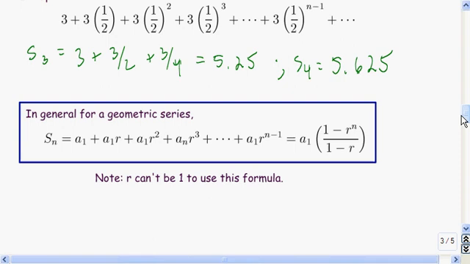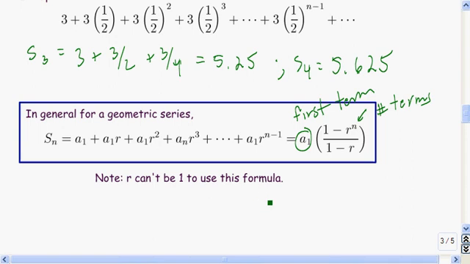So, if you're adding the first n terms of a geometric series, then this is your first term, then 1 minus the common ratio to the number of terms, divided by 1 minus the common ratio. Note that r can't be equal to 1 if you use that formula. Okay, so if r is 1 and you have a finite series, then you just have to do it out another way.